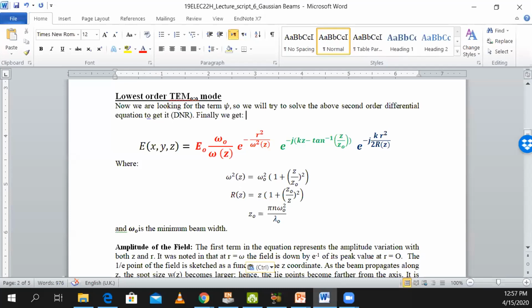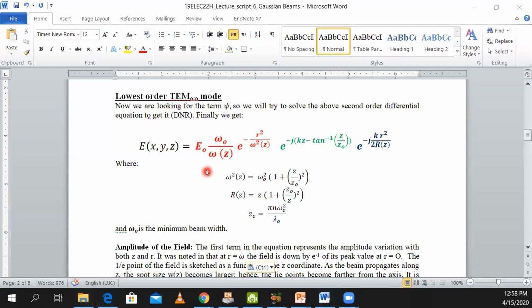As I mentioned, we would like to understand the electrical field equation term by term. So how shall we portion this equation?